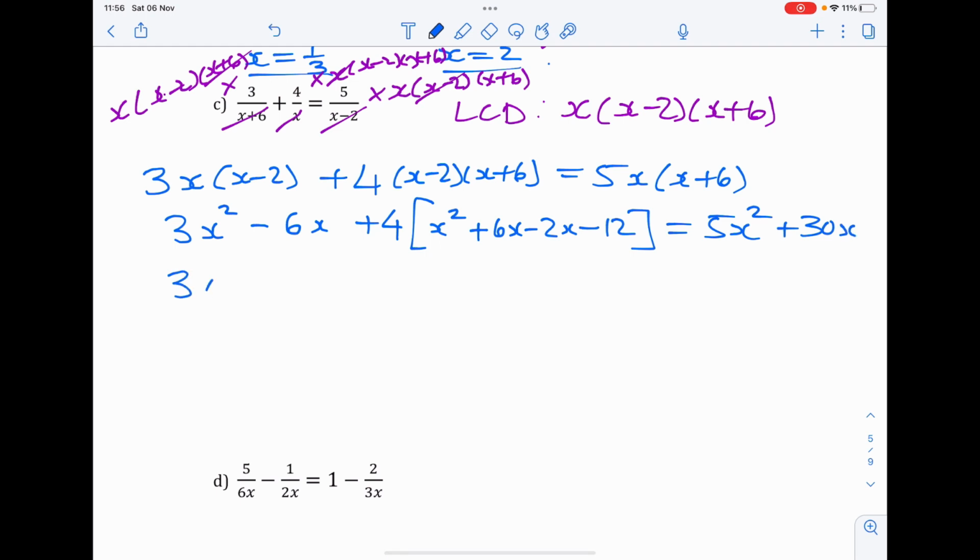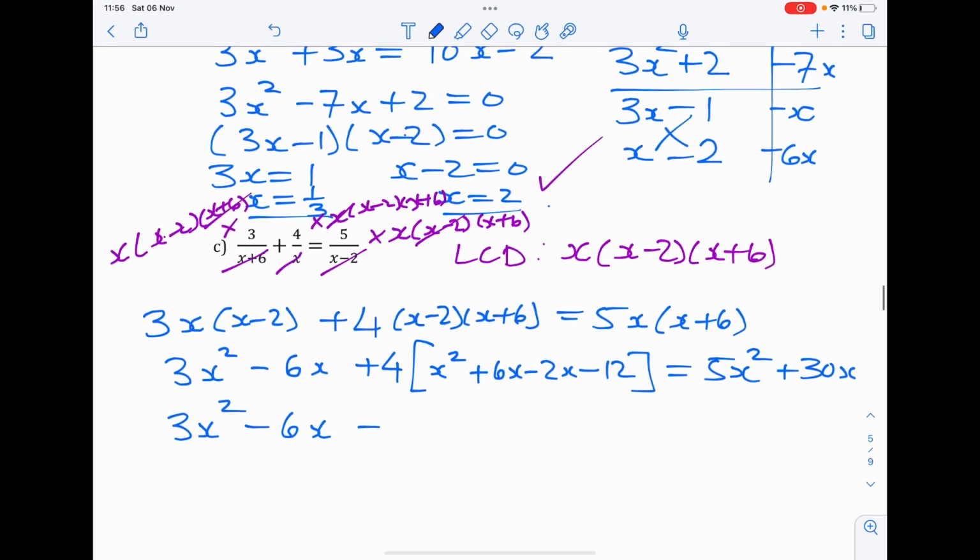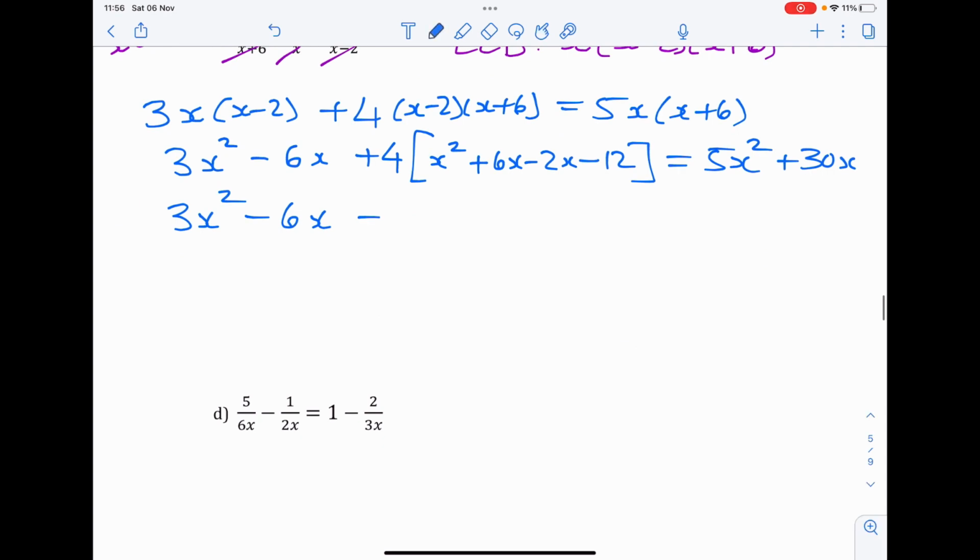Okay, let's simplify. 3x squared minus 6x. We can multiply this 4 in now. Plus 4x squared. I know that these two terms in the brackets, 6 minus 2, comes to 4x. So 4 times 4x is plus 16x. And then 4 times minus 12, so that is minus 48.